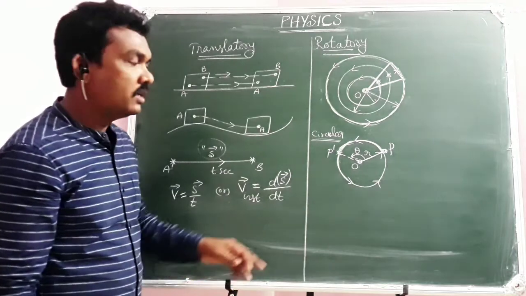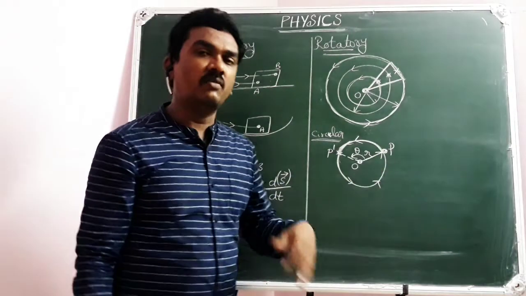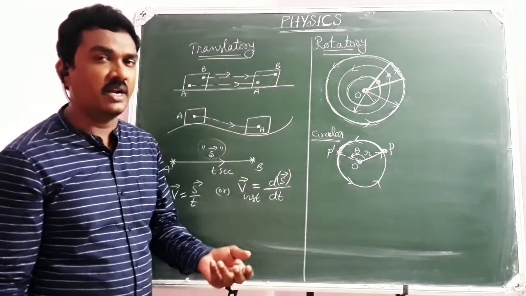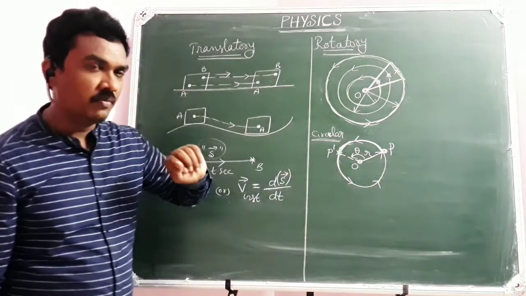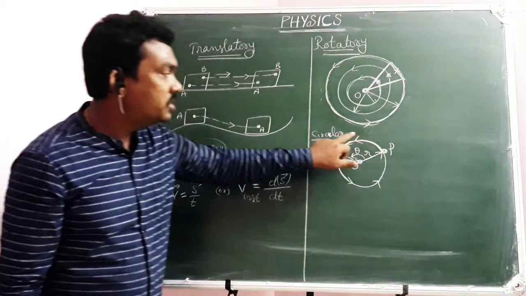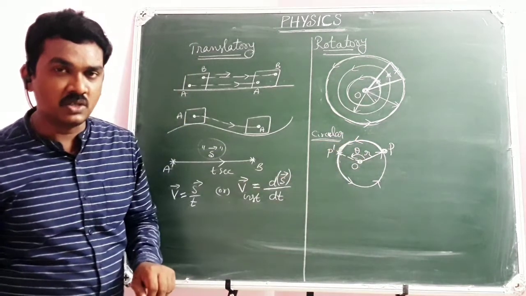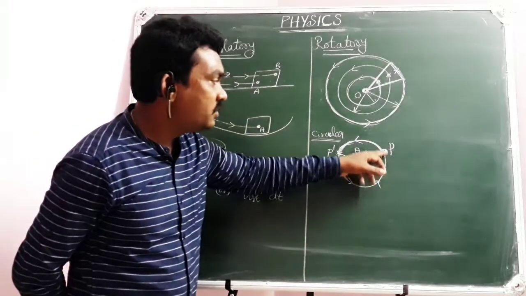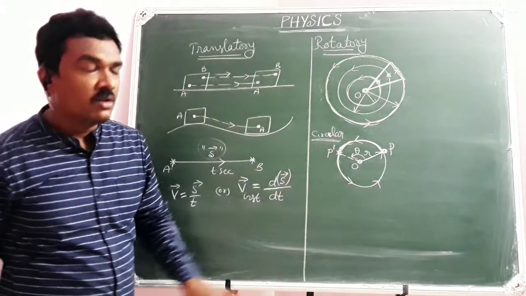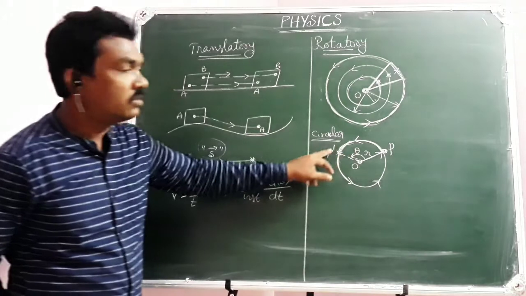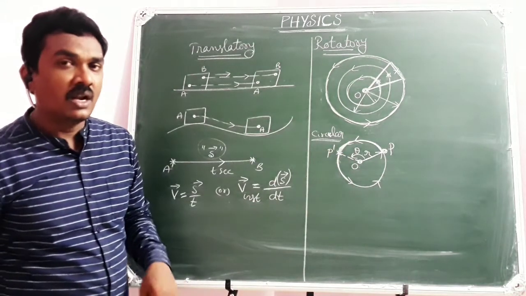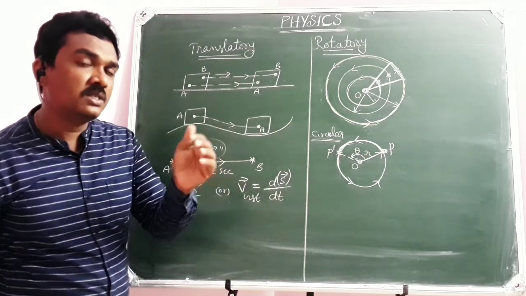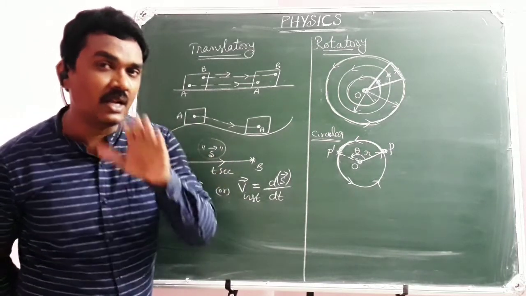When your body is in rotatory motion, moving along a curved track around a fixed point, the change in the position of the particle can be expressed in terms of angle. Whether your particle has been turned through 30 degrees, or through 60 degrees, like that the change in position of your particle will be expressed in terms of angle.